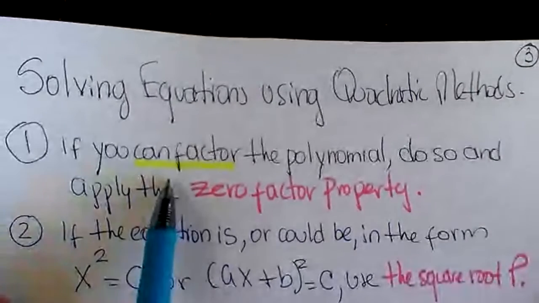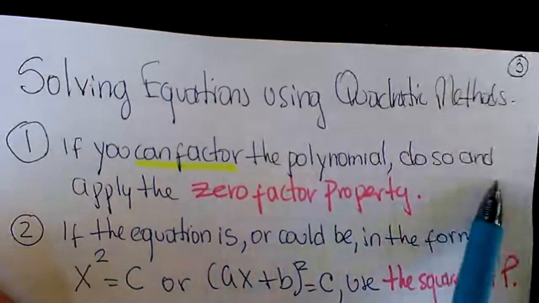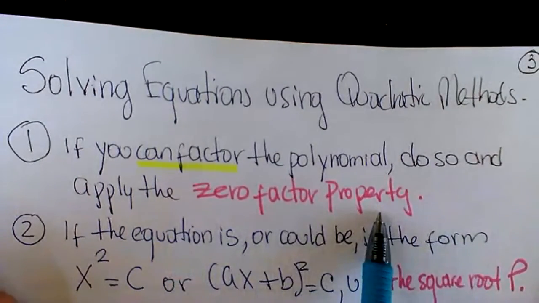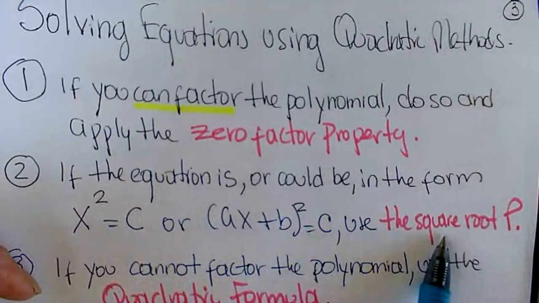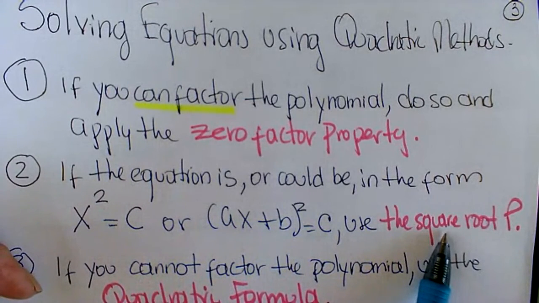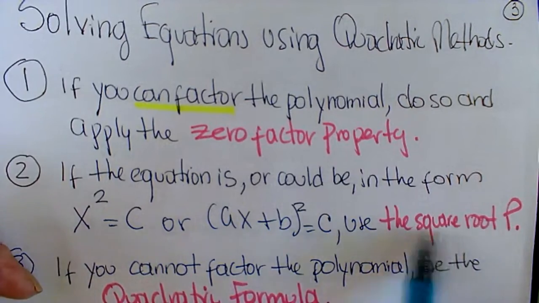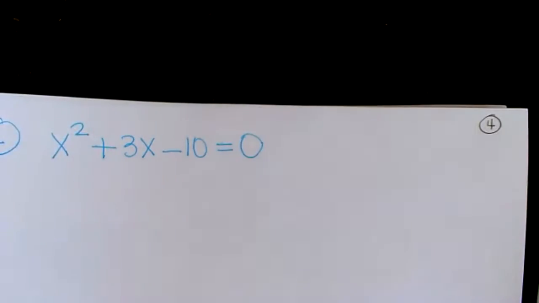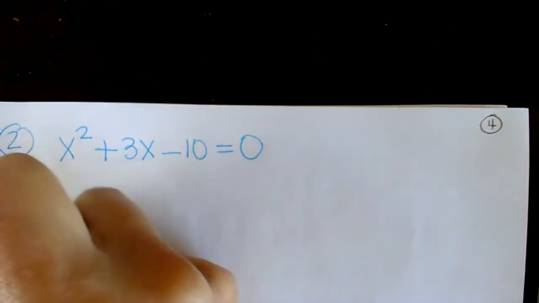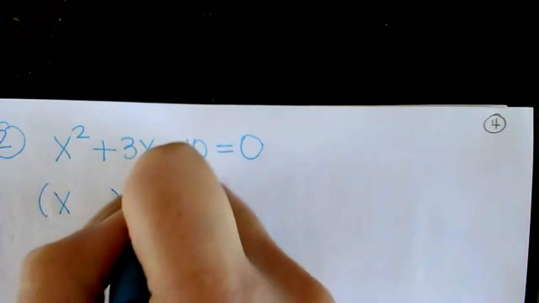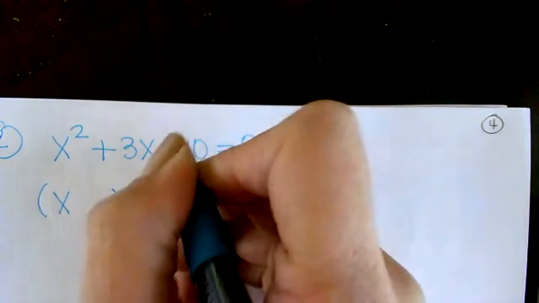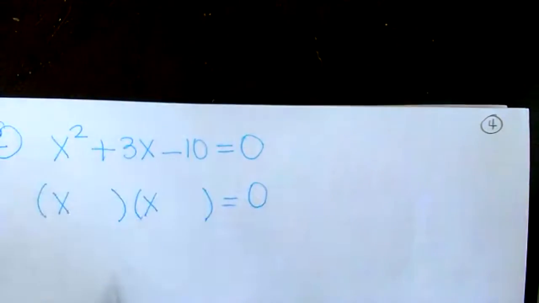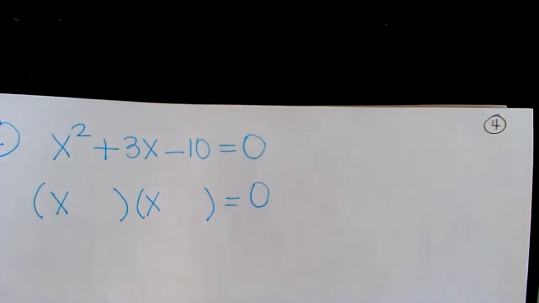Because it says, if you can factor the polynomial, do so and apply the zero factor property. We just did one example when we used the square root property. Now we're going to do one like this one. So what are the two numbers that when I multiply, I get negative 10, and when I add them, I get positive 3? Let me have those two numbers, guys.